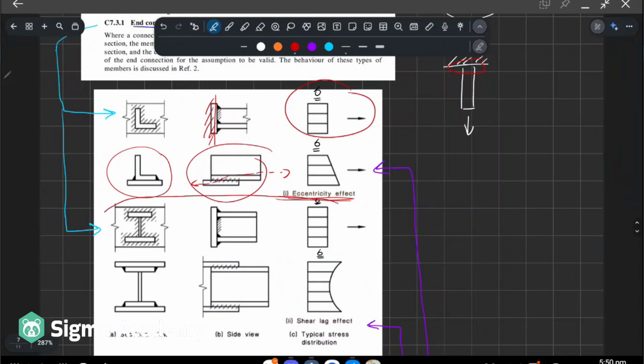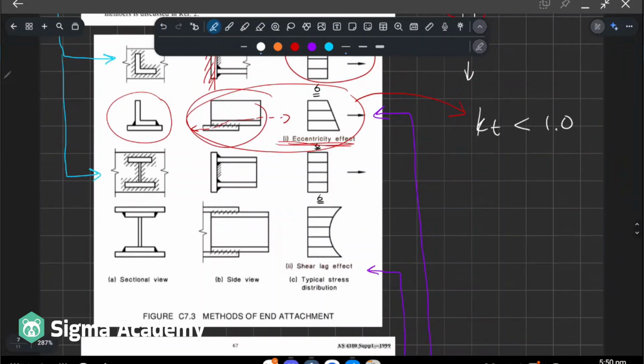And same with this scenario here, but basically, if it's offset, you get the eccentricity effect, and then you have to apply the correction factor, KT, which will be less than 1. Less than 1 if it's eccentric.